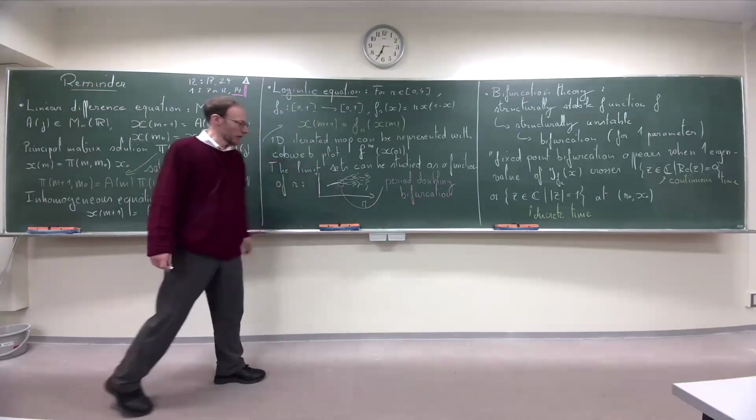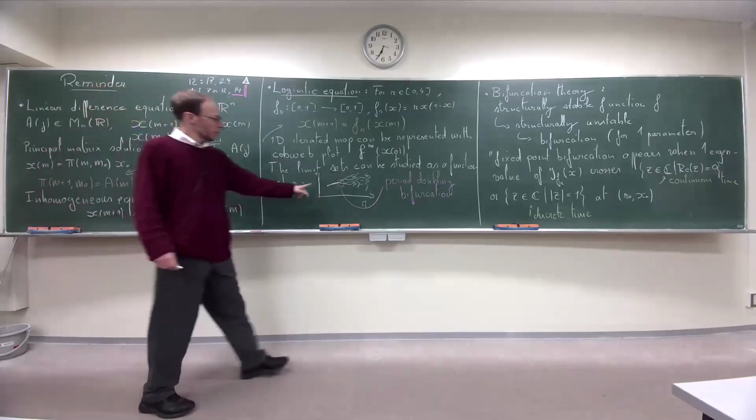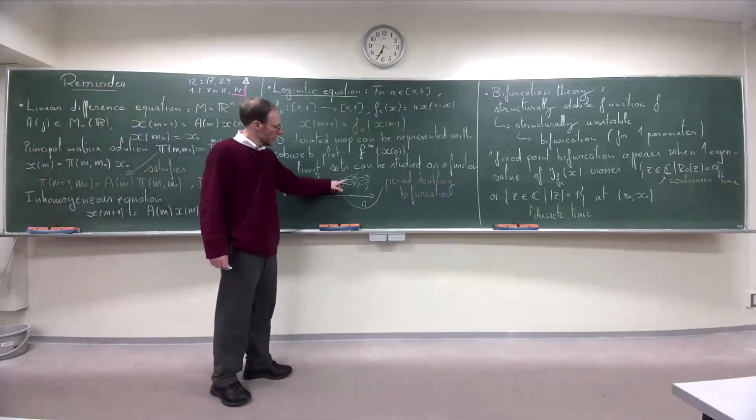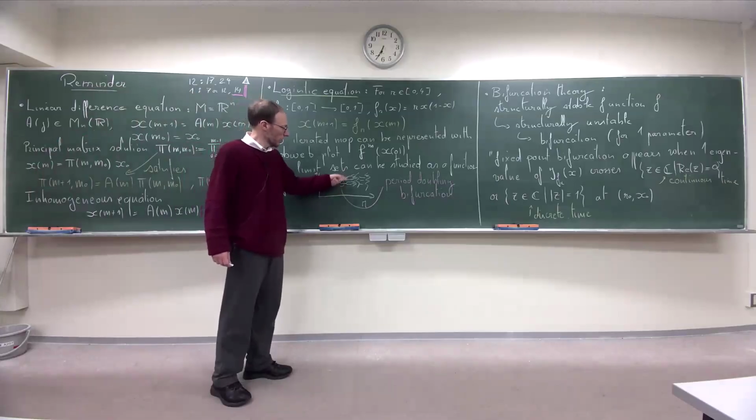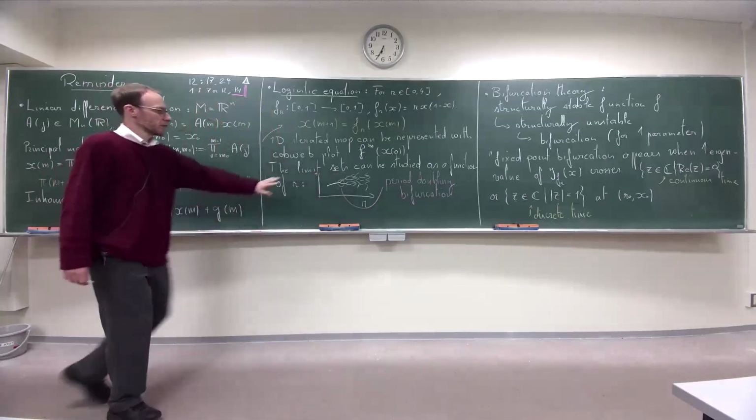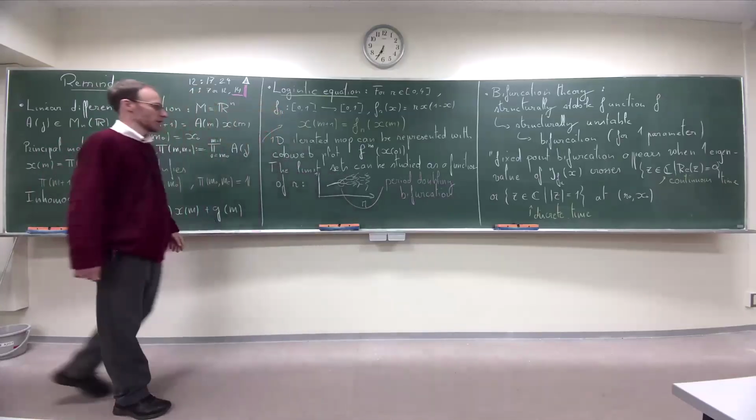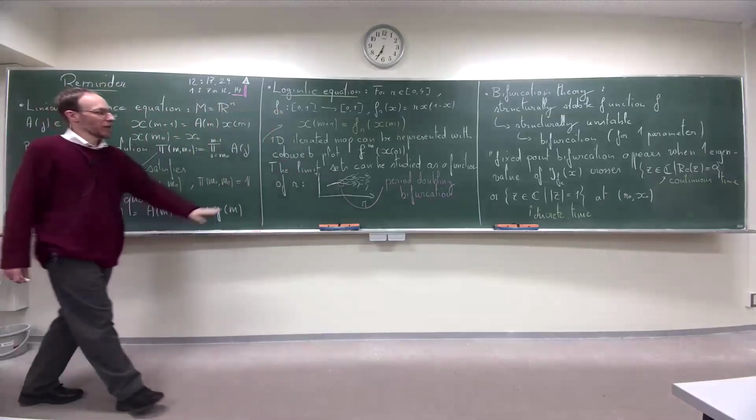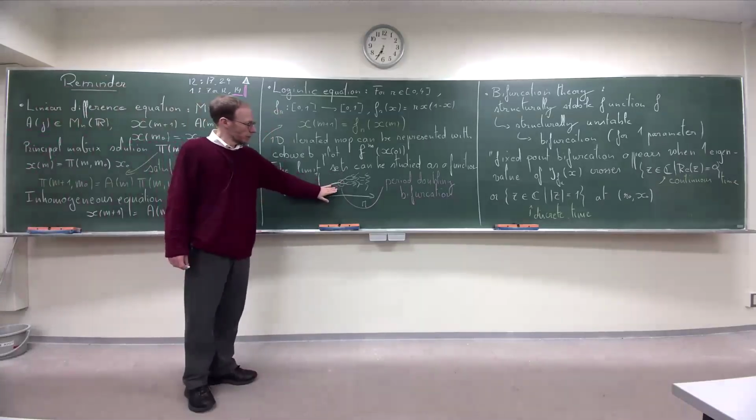And there is this famous picture where you first have only one fixed point, then two fixed points, or rather an orbit of period 2, and then period 4, and so on. And then it's more chaotic, and there is a picture in the notes. And I mentioned this is a period doubling bifurcation.